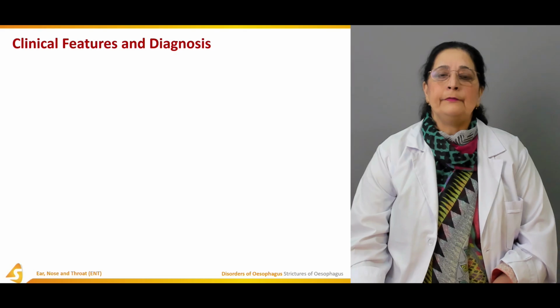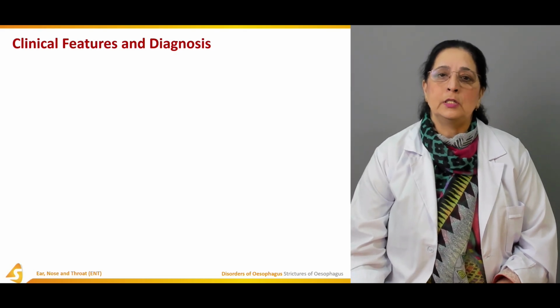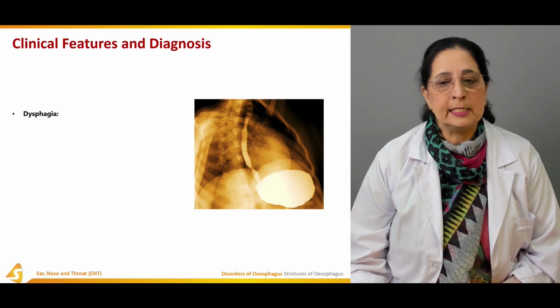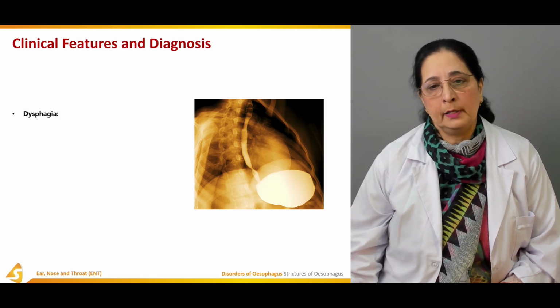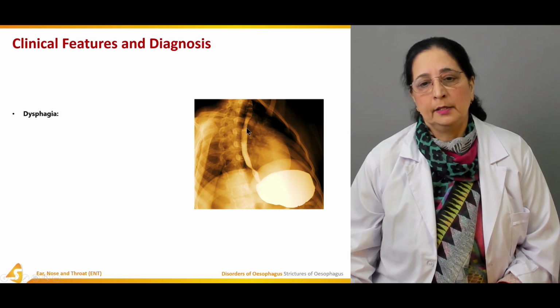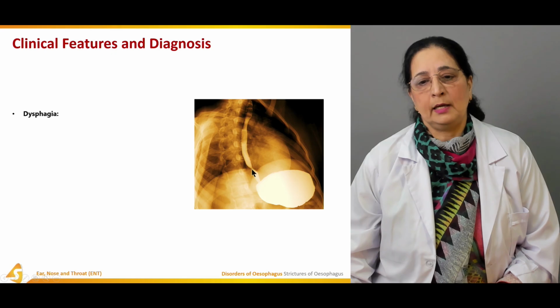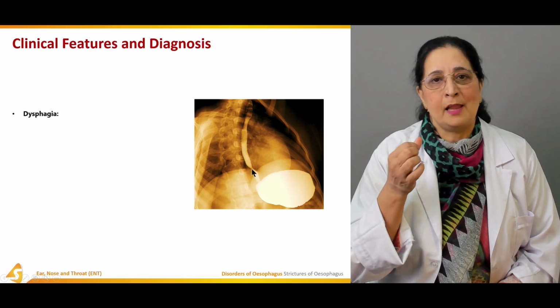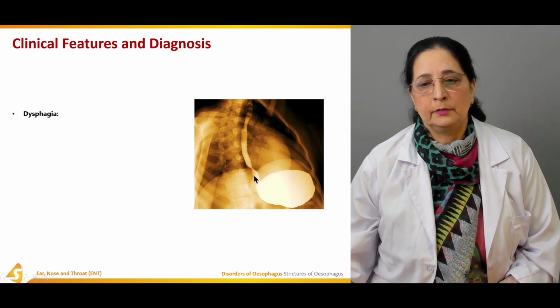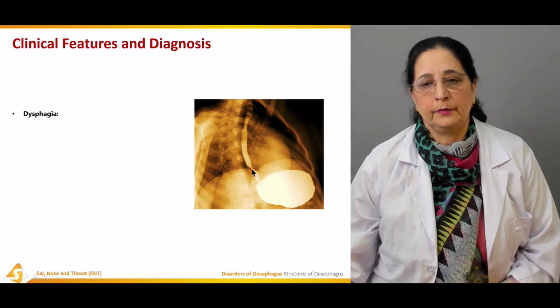Now, the clinical features and the diagnosis of esophageal strictures. We have dysphagia, which is very common. You can see these strictures in the esophagus. These are all the strictures. We have this area which is narrowed, and food cannot easily pass through it. So these are the strictures of the esophagus.